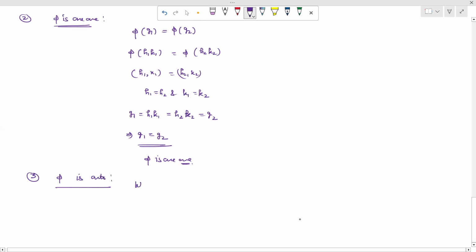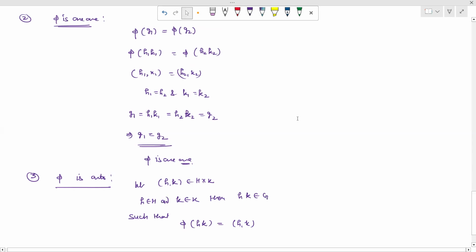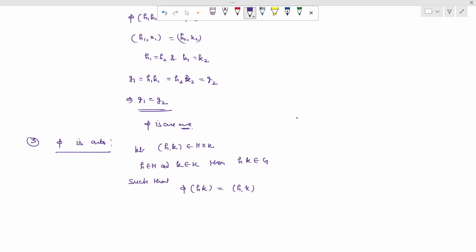Let us take an element of the set B, that is H by K. So let hk be an element of H by K, where h belongs to H and k belongs to K. Then there is an element hk which belongs to G such that phi of hk is equal to hk. So hence phi is onto.